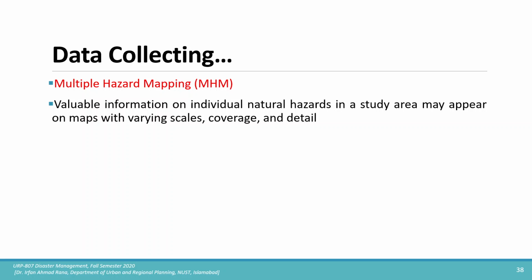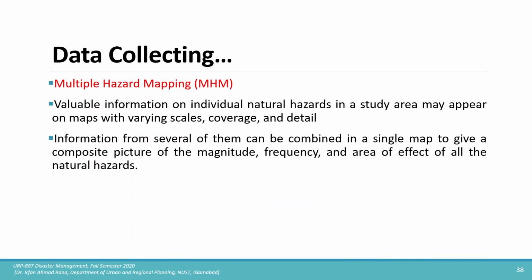So there are hazard maps, and of course in one area there are bound to be different hazards in the environment, so we go for multiple hazard mapping. Multi-hazard mapping is very important.